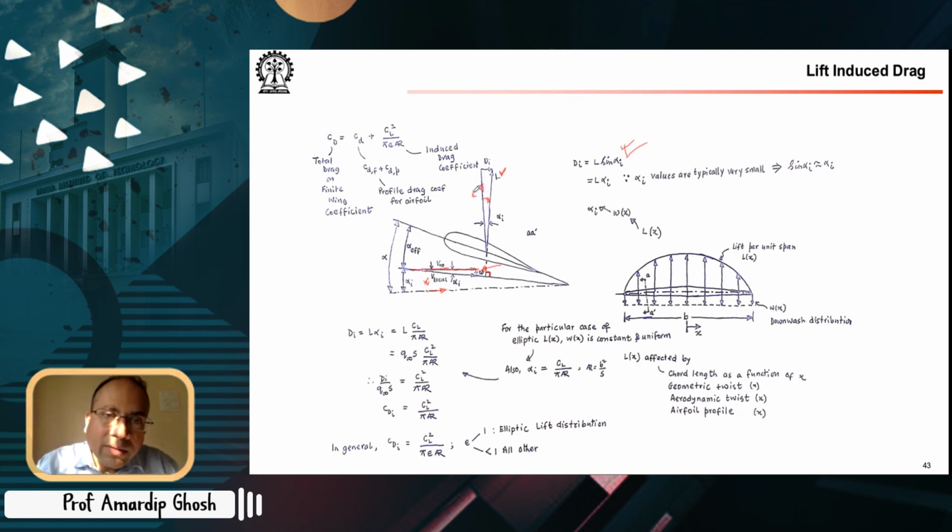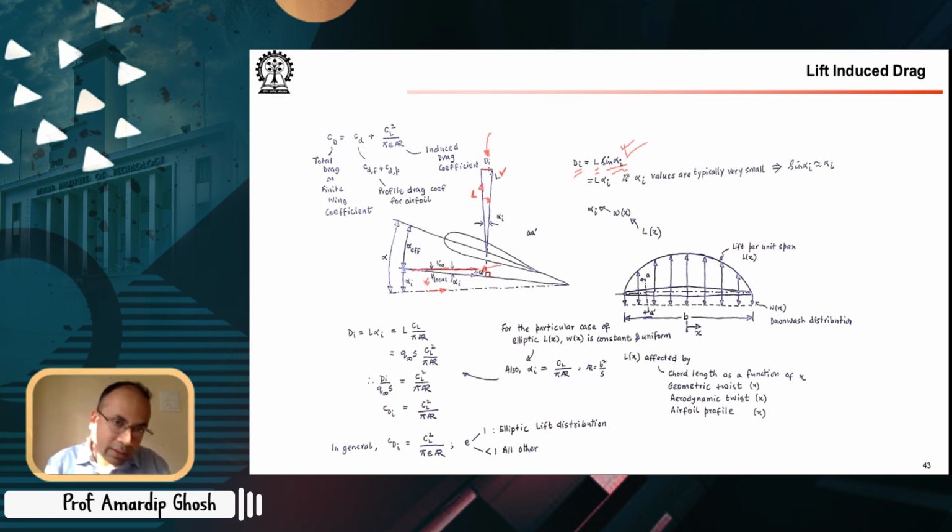With respect to that global V infinity, we now have a drag component because of this L, given by the induced drag D i equals L times sine alpha I. This is really because of the tilting of the lift vector by an angle alpha I, which happens due to the downwash induced by the contrails.